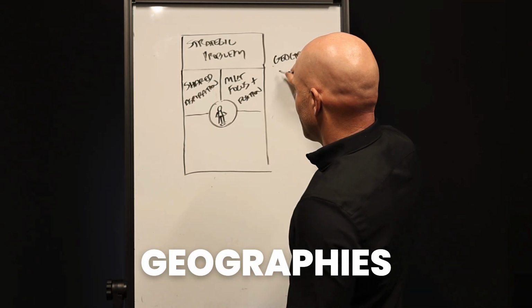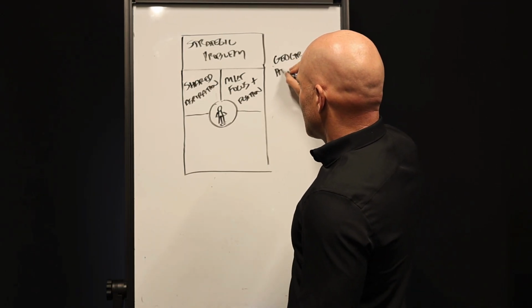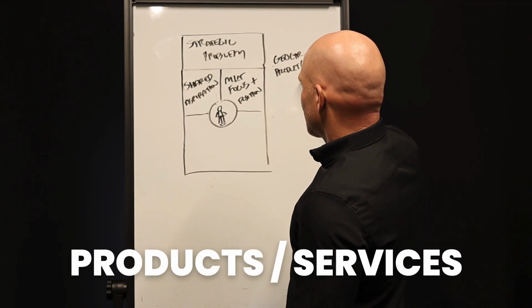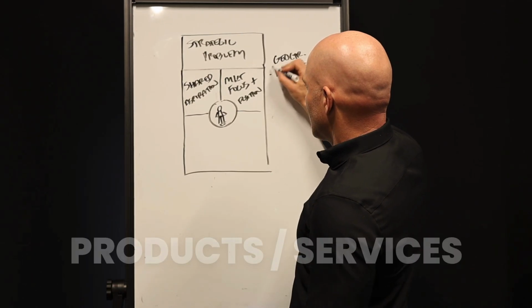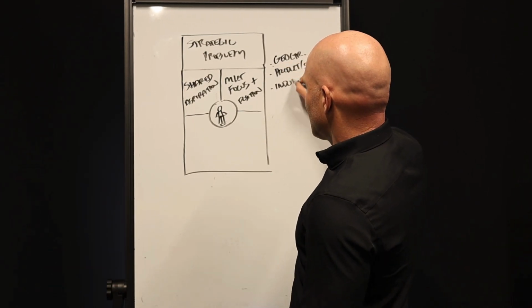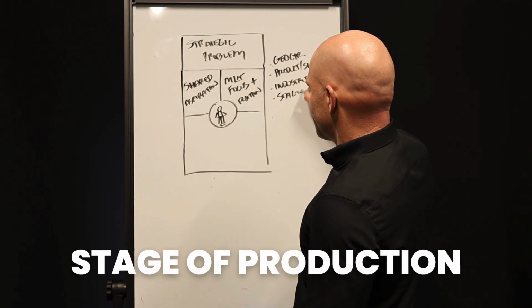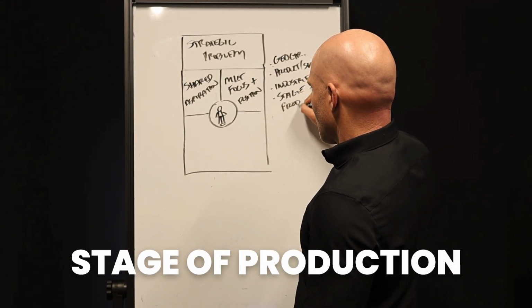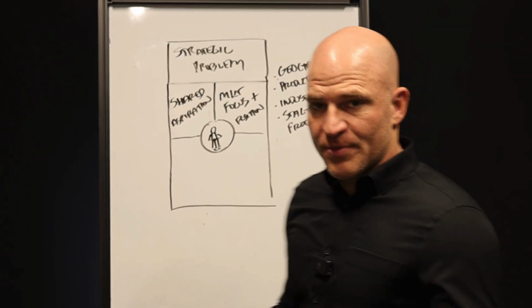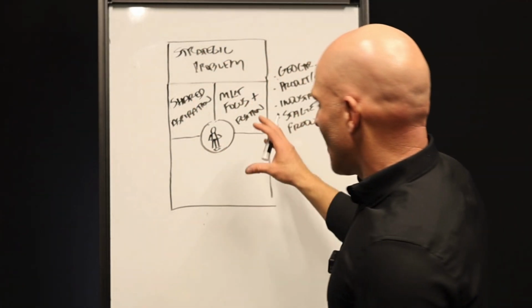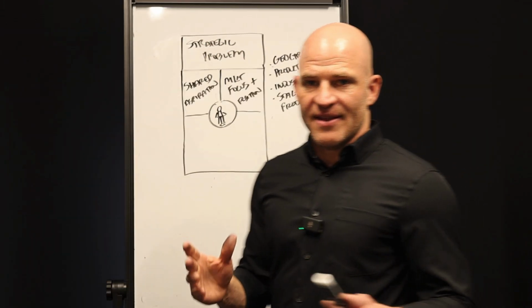I'm just going to abbreviate here. It may include products, services. It may include industries, stage of production, etc. So I'm going to explain each of these in a little bit more detail so you know how to apply this to your business.